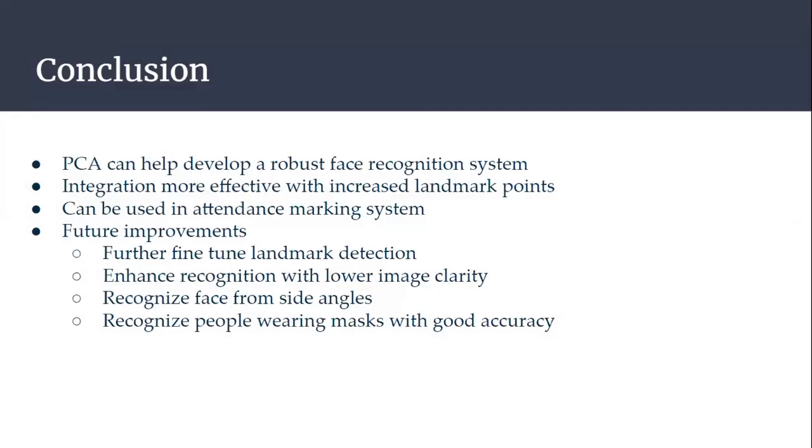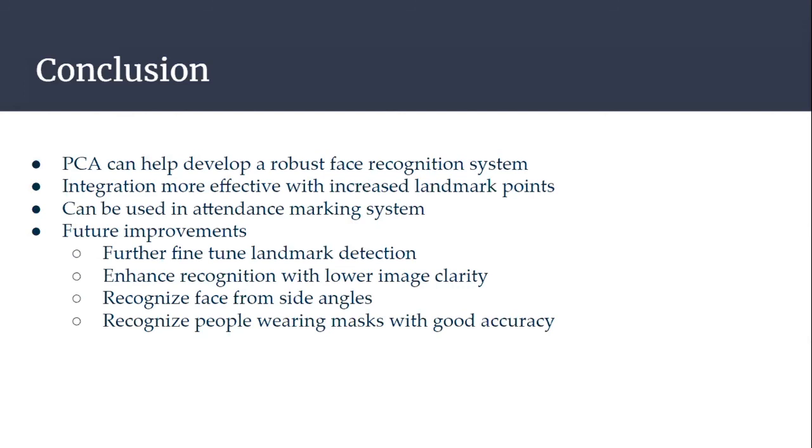So, in conclusion, PCA, principal component analysis, implemented with another technique, could help develop a robust face recognition system. And this research shows part of it. We implemented PCA with Delaunay triangulation, and it yielded better accuracy rates.